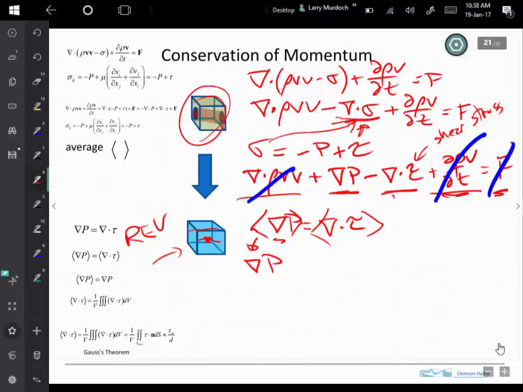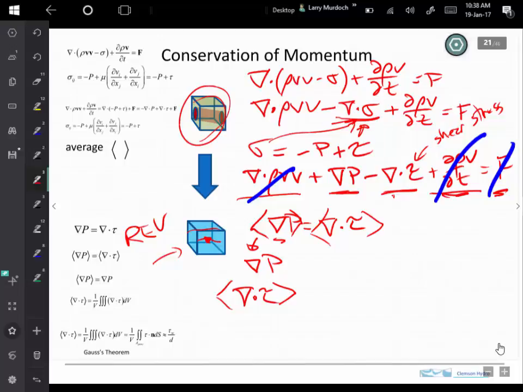For this one, though, this is going to be a little bit trickier. The first thing we want to do, remember the general way to take an average over a volume? Remember how to do that by integrating over the volume, right?